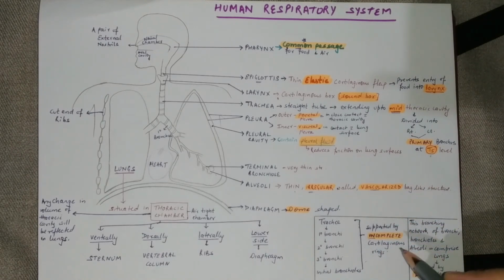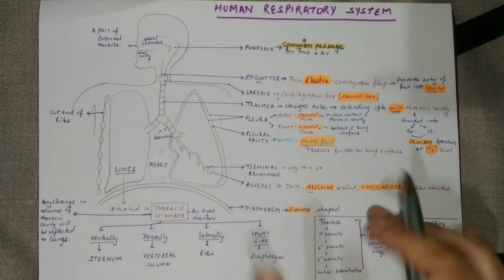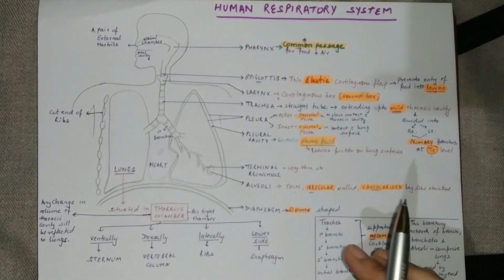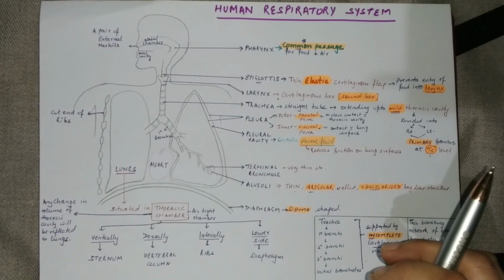So be careful while reading the question. This branching network of bronchi, bronchioles and alveoli comprises the lung, which is covered by double-layered pleura. So we are clear with this diagram and the first page of this point.